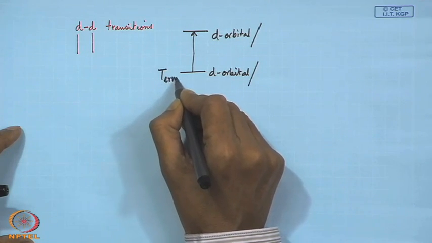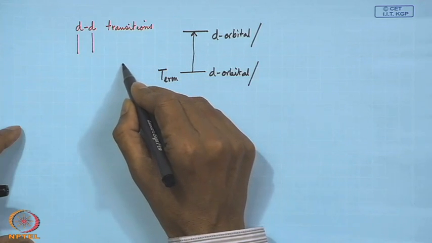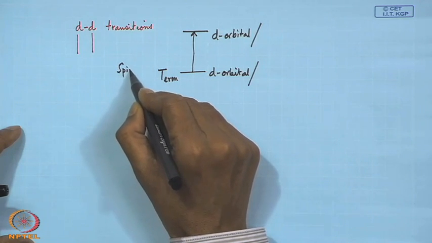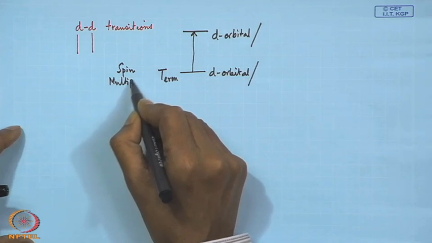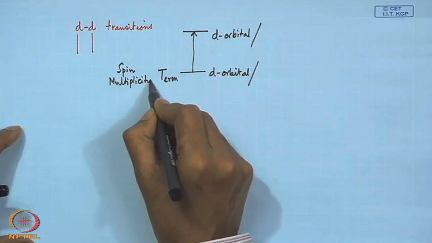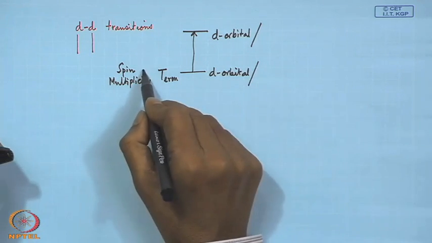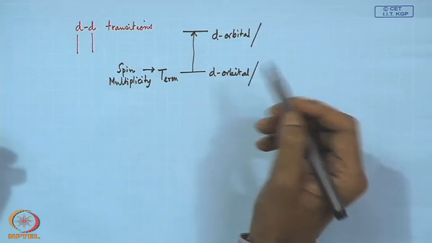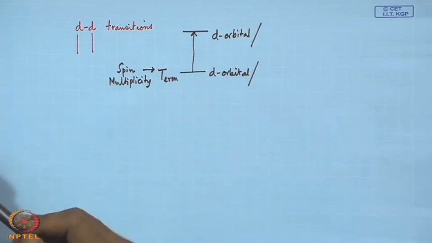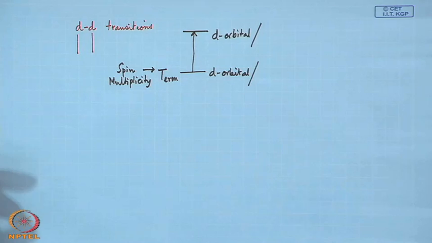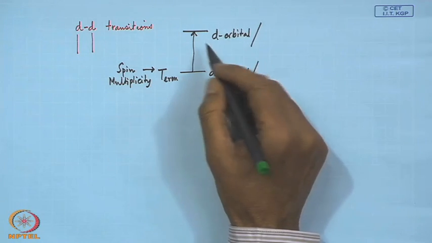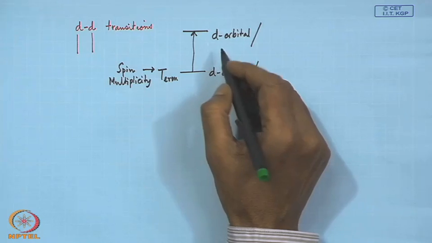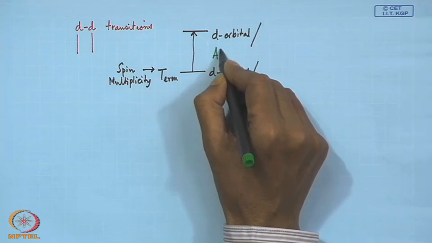The spectroscopic term symbols are there carrying the spin multiplicity values. So, here we have the corresponding spin multiplicity value, and during transition whether the spin multiplicity will change or not will be our serious concern, for whether this particular transition is allowed or not.